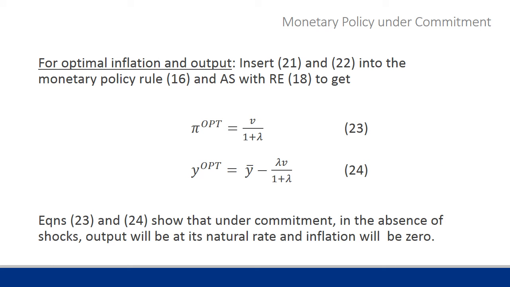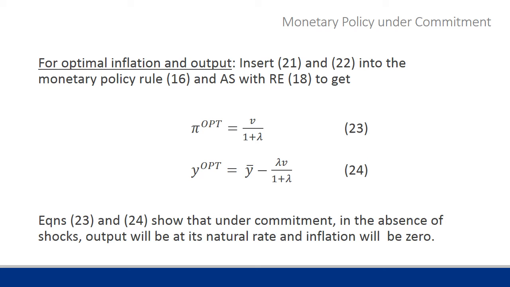Now that we finally have our optimal values of the policy parameters, we can put them into the monetary policy rule to get optimal inflation, and then we can use the AS equation 18, which is the rational expectation of inflation, to get optimal output.